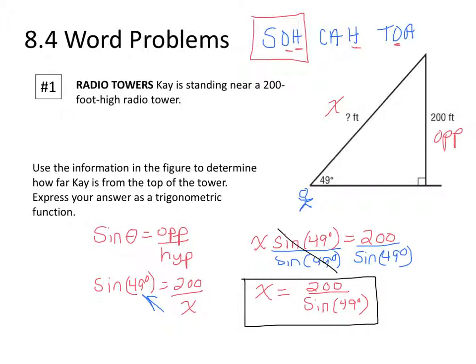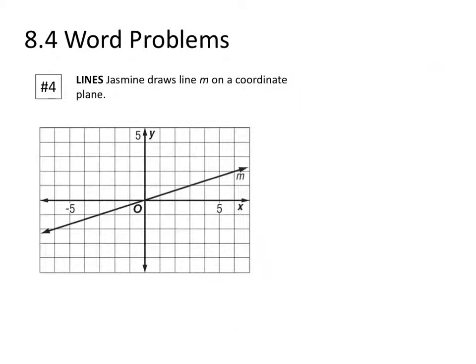But if we did want to find that actual length, we could, and we could use our calculator to say 200 divided by sine of 49, and I get actually exactly 265 feet.